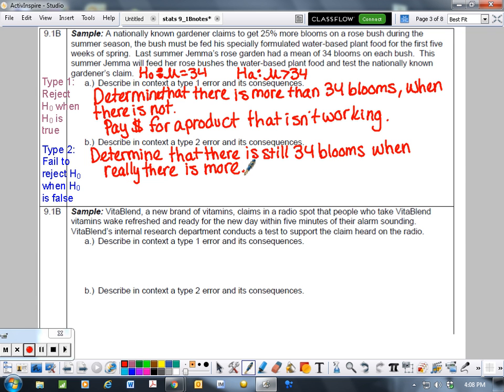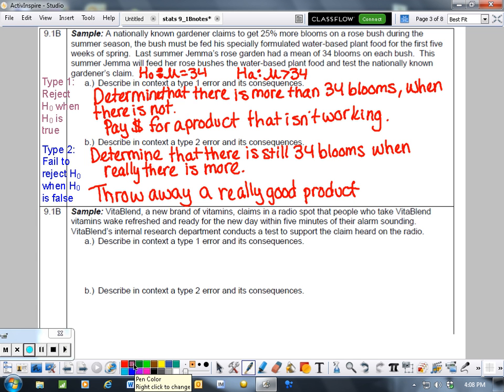So determine that the product doesn't work when it really is, or maybe we throw away a really good product. So there might be a consequence. Or we tell everyone that the product doesn't work when it really does work, so we look silly.